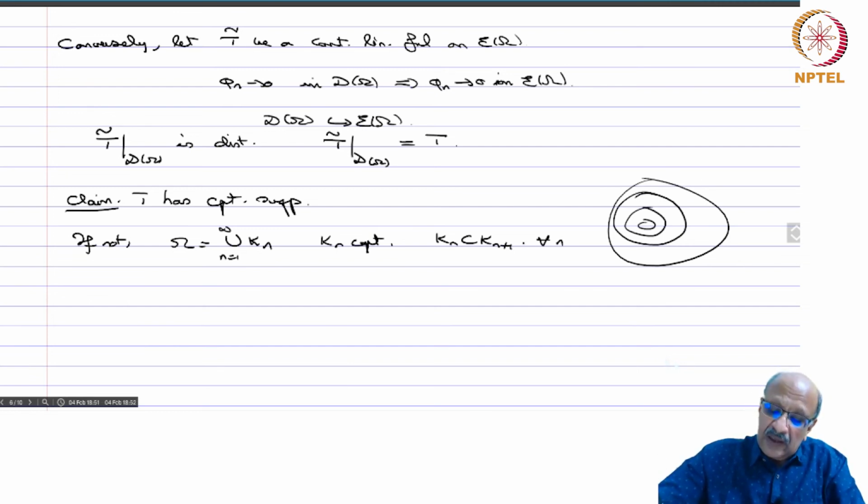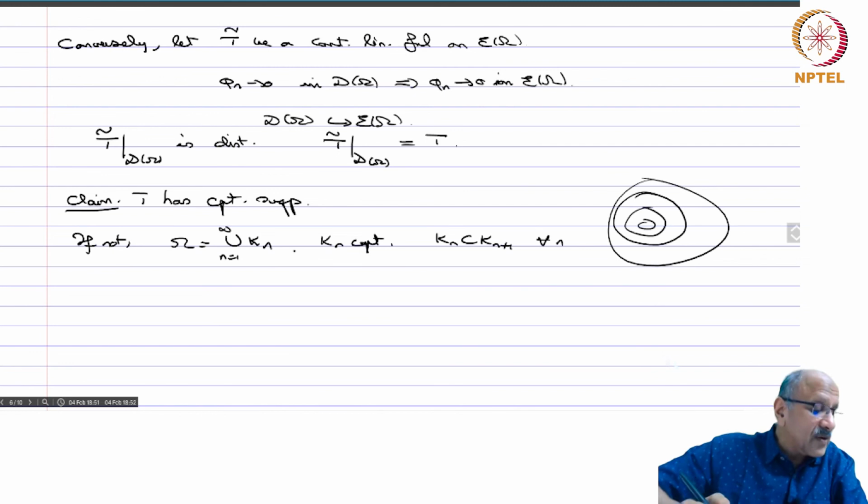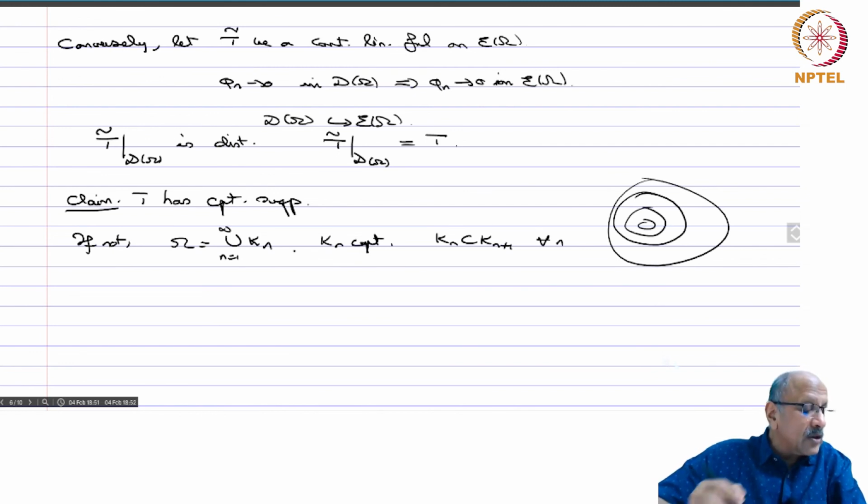We already saw this when we proved that if the integral of f phi is 0 for every phi in D of omega, then f has to be 0 for a locally integrable function. In the second step of that proof, we constructed omega as the increasing union of relatively compact open sets. You can take the closures of those sets, so it becomes the increasing union of compact sets.